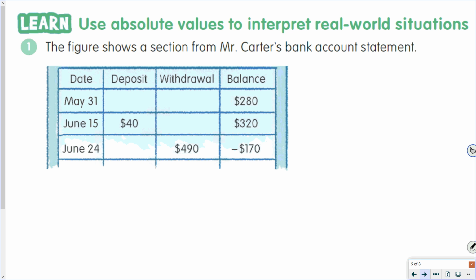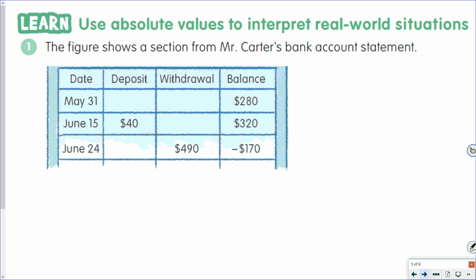But then a withdrawal, you'll notice on June 24th, he had a withdrawal of $490. Well, a withdrawal is money coming out of the account. So if you had to write that as a positive or negative number, you would write that as a negative because it's going out. It's bad, you don't want to lose that money. But since the amount that's taken out is $490, we would write in $490.